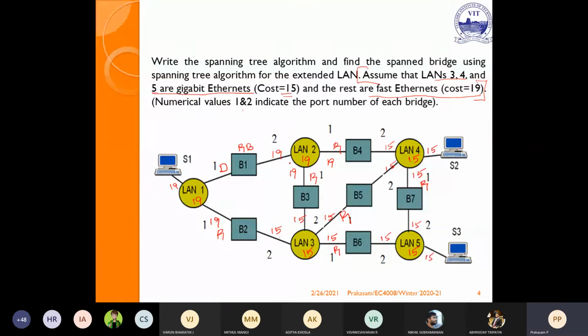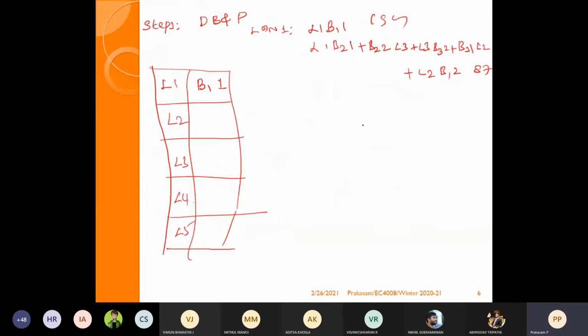LAN 2. This is port 1. This is port 2. Here it is 19. Here it is 15, 15, 19, 90. So 87, similarly, same way.